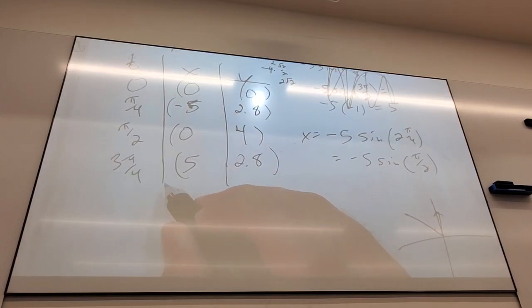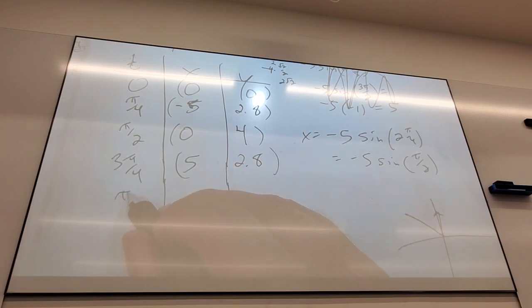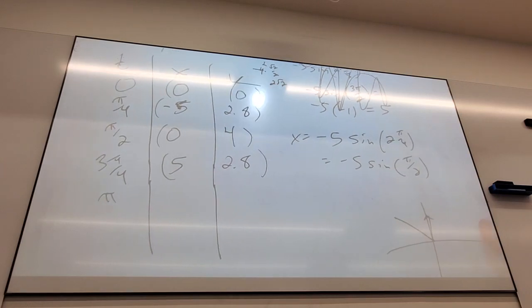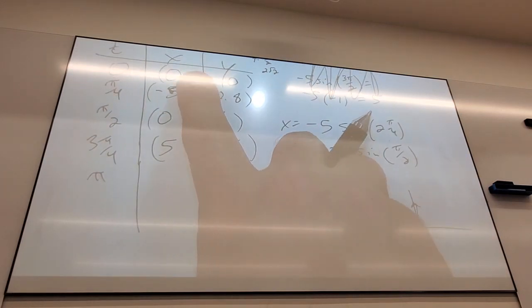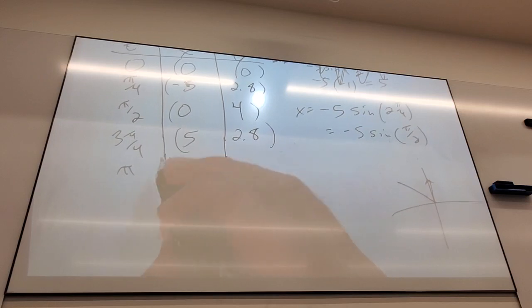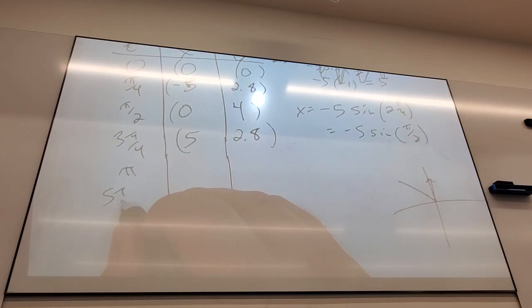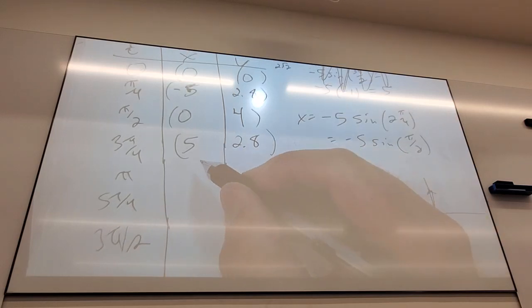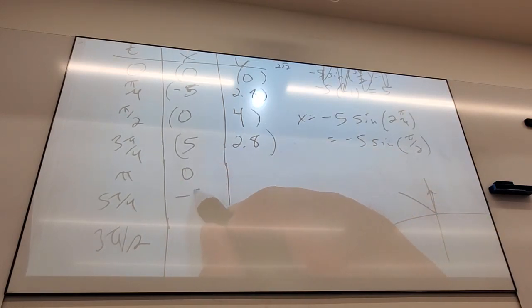So now what do you think I'm going to plug in? Pi. And here's where we can start to be smart about this. What do you think is going to happen here? I'm going to put pi, 5 pi over 4, it's going to be a 0. 3 pi over 2, negative 5. Yeah, it's going to be 0, negative 5, negative 5, 0, 0. 5.